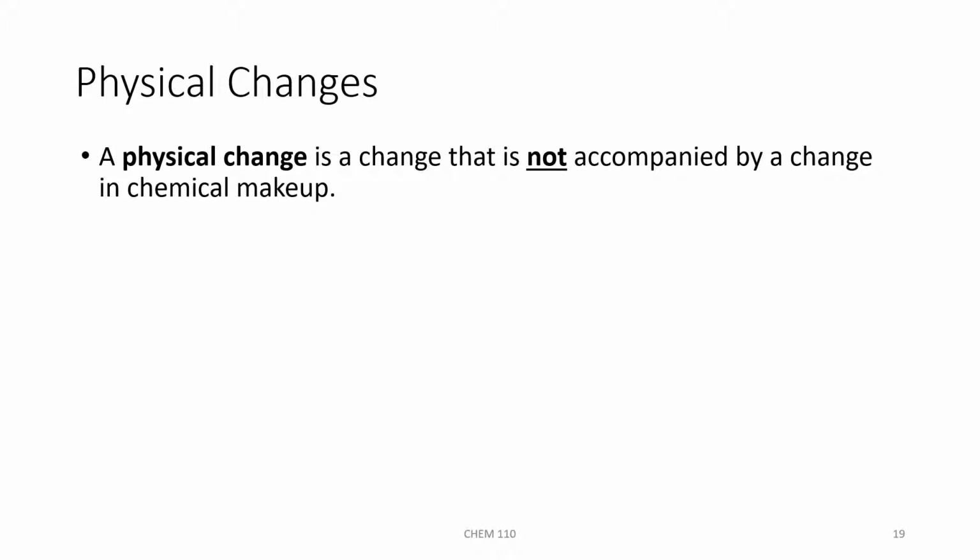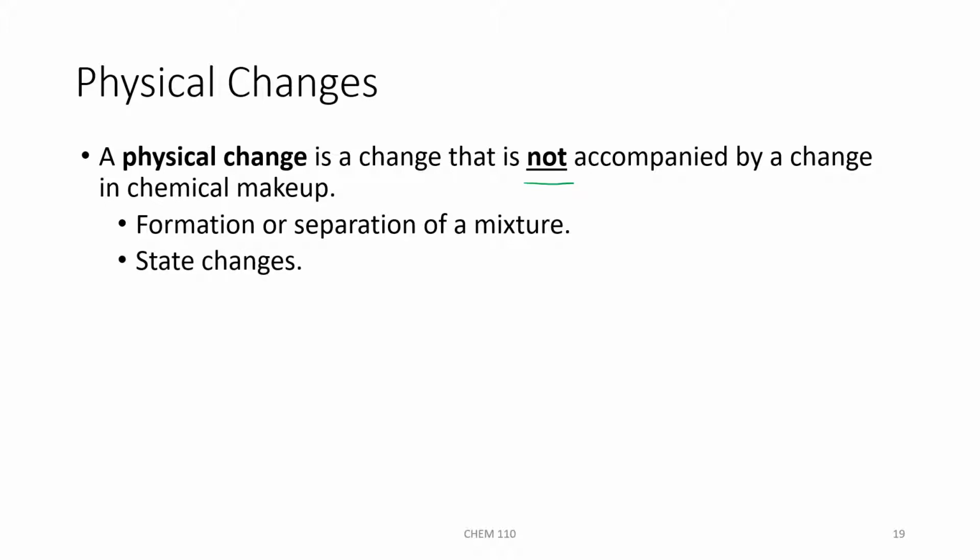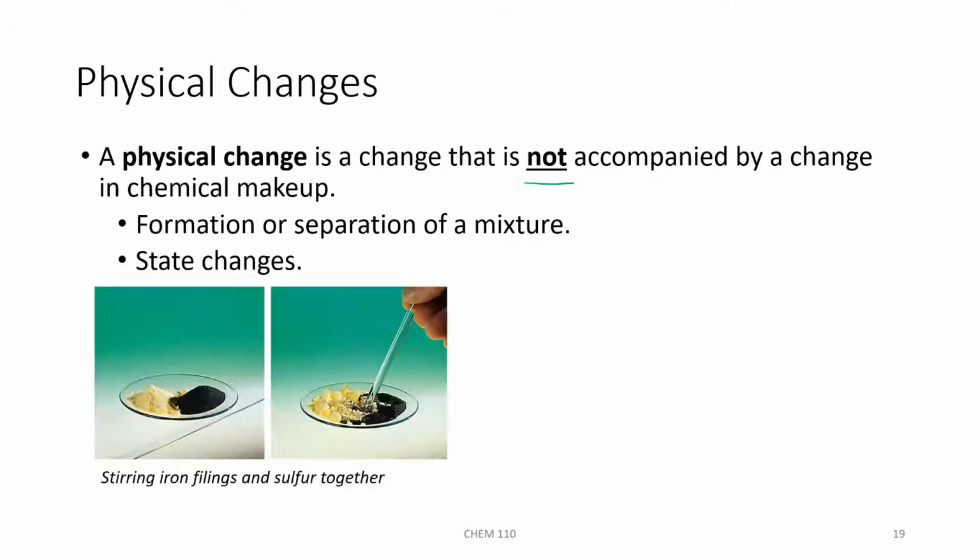Along with physical properties, we can also describe physical changes that occur. A physical change is a change that is not accompanied by a change in chemical makeup. So we could have a formation or separation of a mixture, or we could have something like a state or phase change occurring. So if we think about the first one, formation or separation of a mixture, imagine having some iron filings and sulfur, which are both elements, mixing them together in a watch glass.